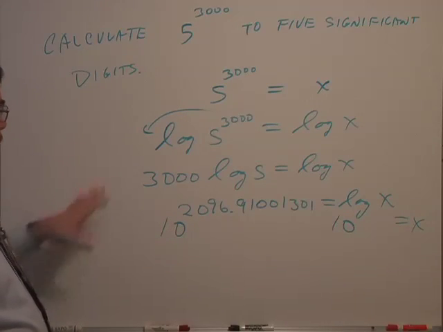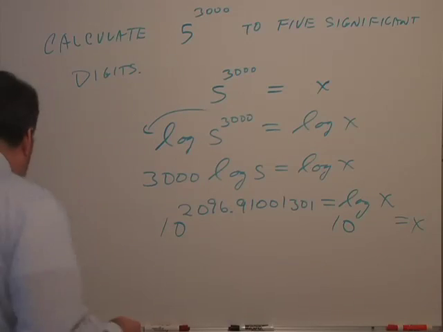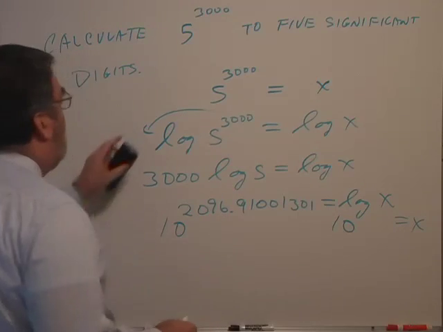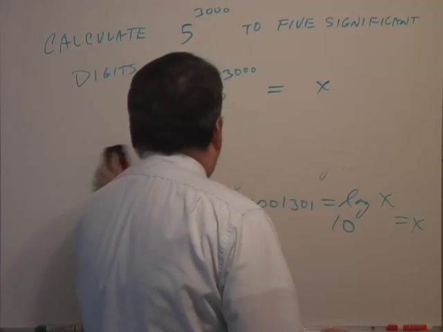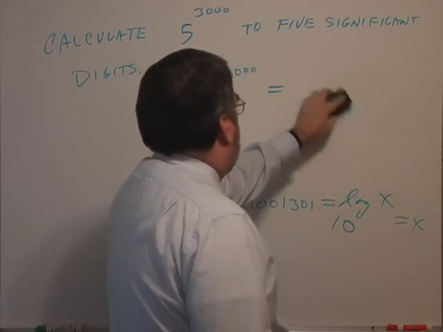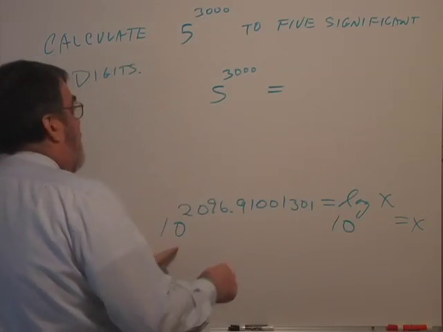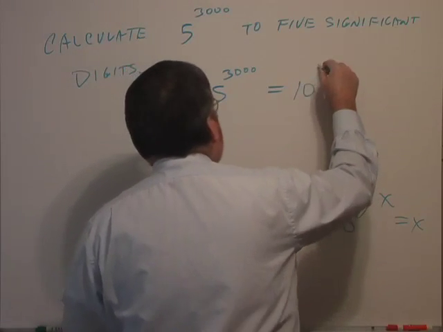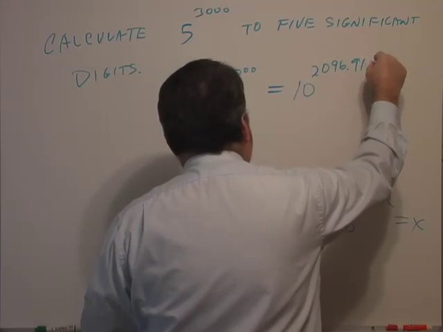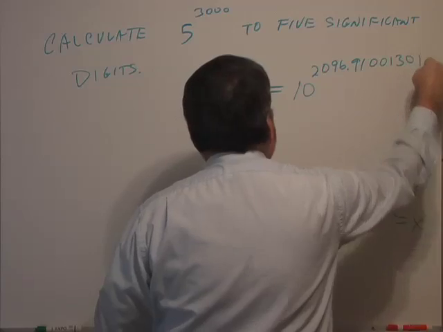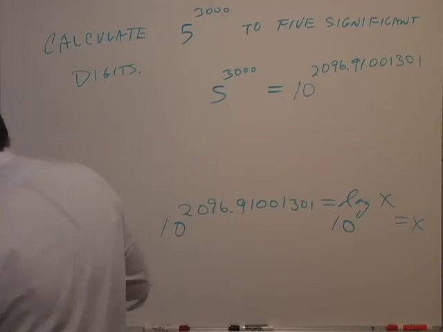So x is my original number, so x really is this number right here. I'm going to erase this, because I think I'm going to run out of room here. So let me erase these two lines. And in fact, I'm going to erase the x, because I know x is equal to 10 to the 2,096.91001301. Okay.